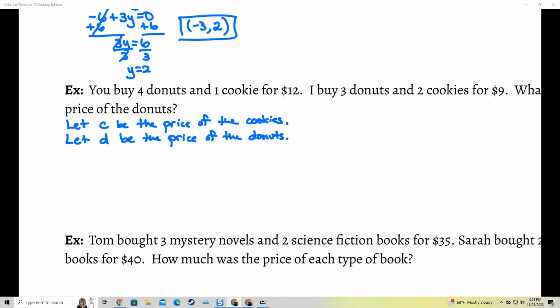Okay, what do I know? Well, I know when I bought them, it cost $9. So when I bought 3 donuts plus 2 cookies, it cost me $9. This was the price for me.